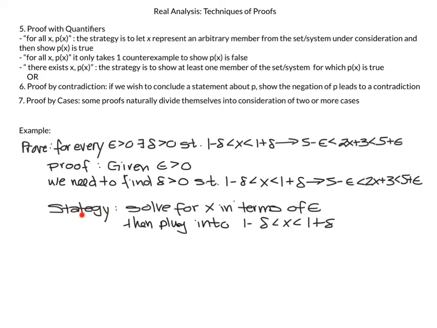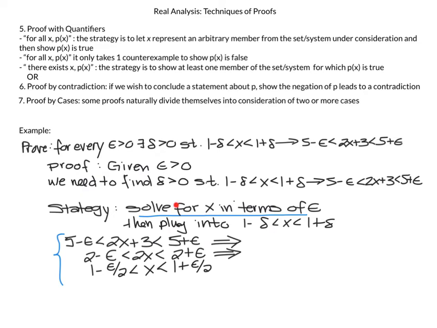Our strategy in particular is going to be to look at this part of the equation and solve for x in terms of epsilon. And then we're going to plug that into the other part of the constraint, 1 minus delta is less than x, which is less than 1 plus delta. So we again start by solving for x in terms of epsilon. So here's our x and epsilon relation.